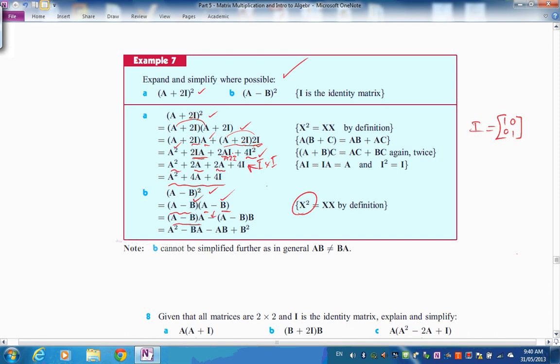So we can do that. We could do it another way. You could say that's A by (A take B) by (A take B).